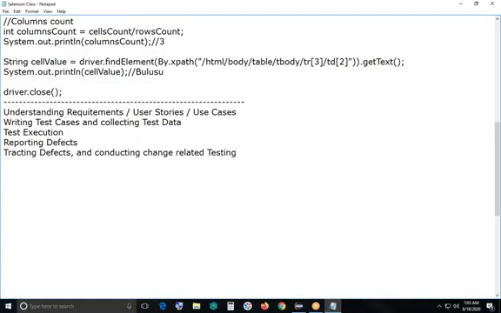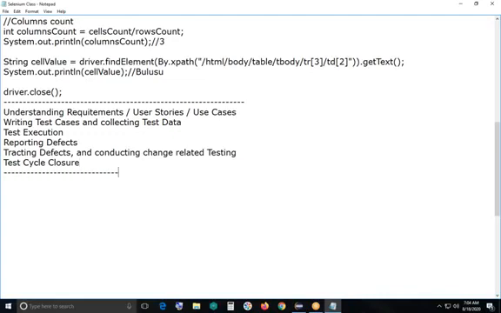Nirupama, what is change related testing? If there are any changes, regression testing is called change related testing. Next, after getting confidence in the product, test cycle closure.